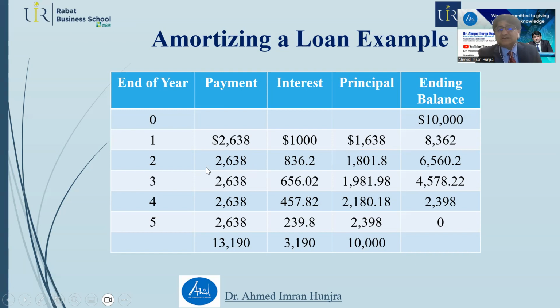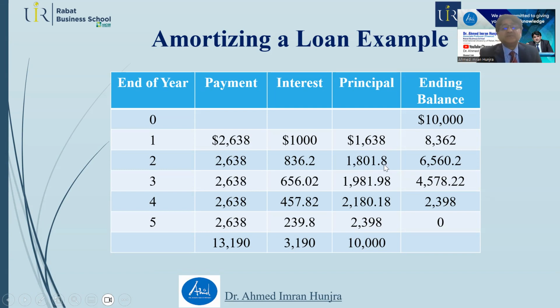How much total installment have we paid? 2,638. Out of 2,638, 836.2 is the interest payment, but the remaining will be the principal amount. So if we subtract 836.2 from 2,638, we are left with 1,801.8. So that is the principal amount.